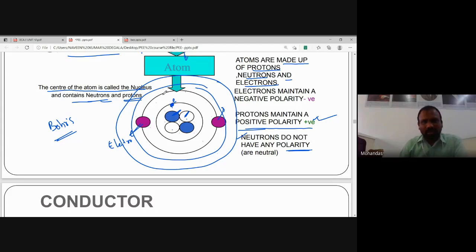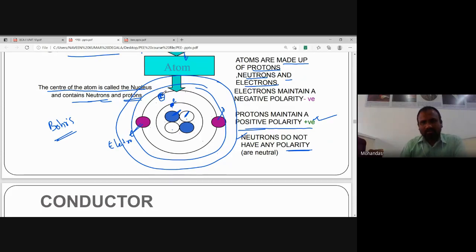If you take another orbit, the energy levels increase. If you want to detach an electron from the nucleus there, it requires less energy.